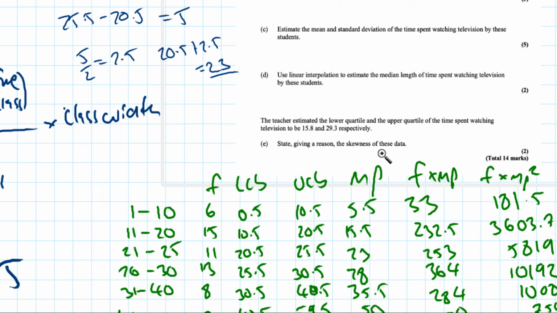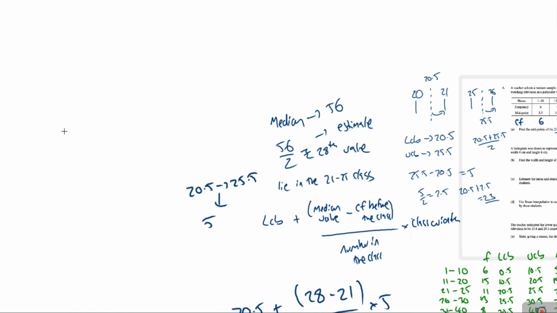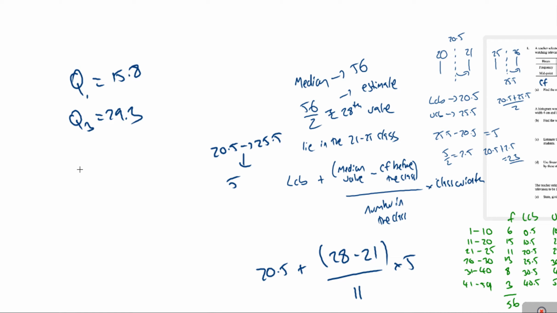Now skewness is not on the course, but the teacher estimated the lower quartile and the upper quartile of time spent watching television to be 15.8 and 29.3. State, giving a reason, the skewness of the data. So what we do for this question is say that Q1 is equal to 15.8, Q3 is equal to 29.3, and Q2 is 23.7, which is the median.